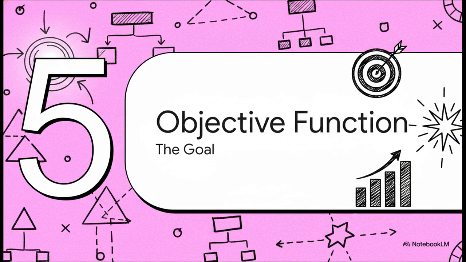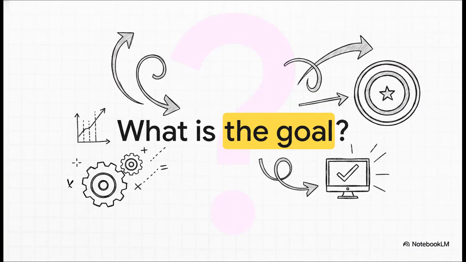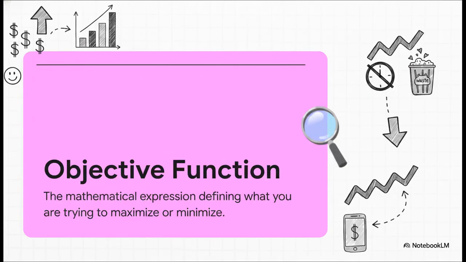And finally, Section 5, objective function, the goal. Because at the end of the day, all of this complex math is completely useless unless we know exactly what we are aiming for. We have to clearly define what success looks like. This is your objective function. It's the mathematical expression that defines your ultimate goal. Now, in business, you're almost always trying to do one of two things.